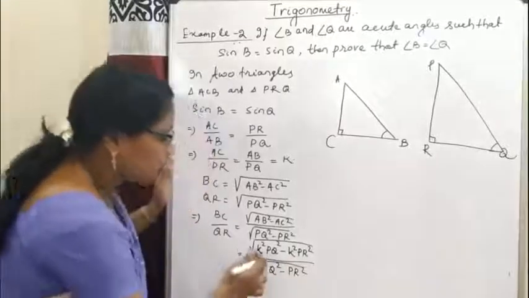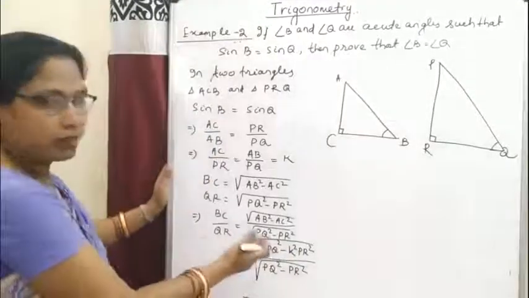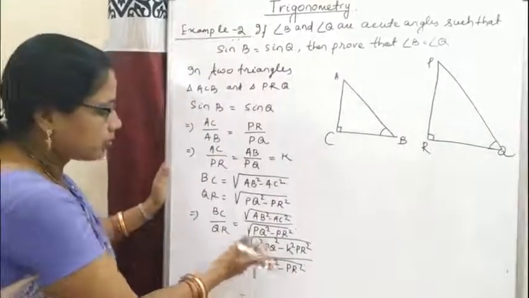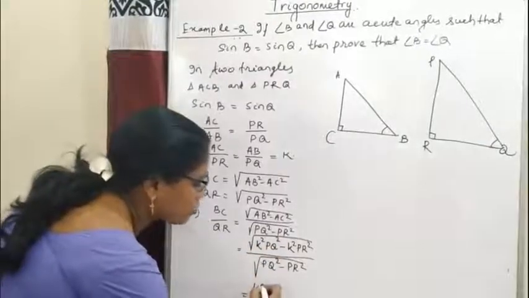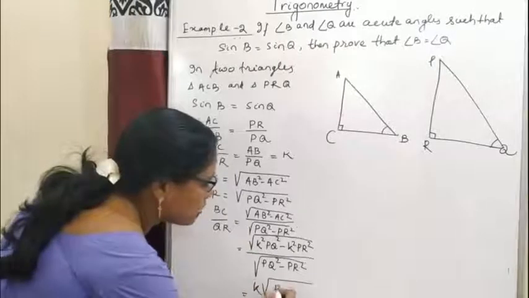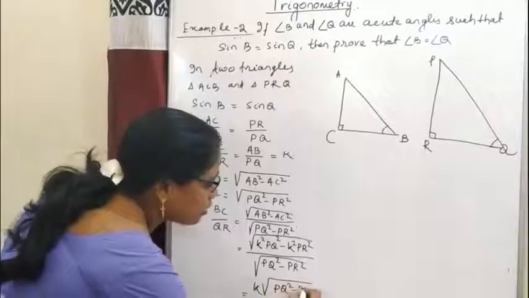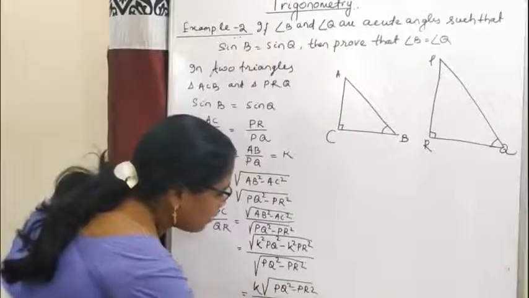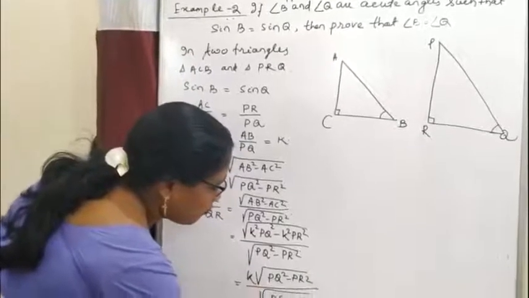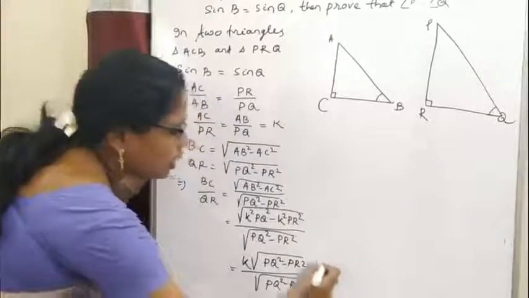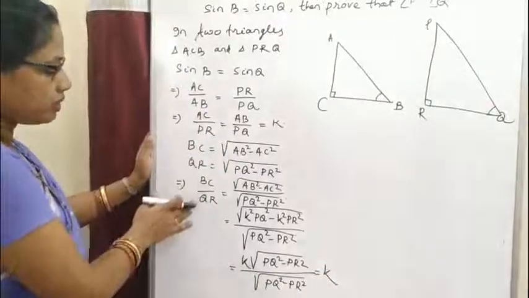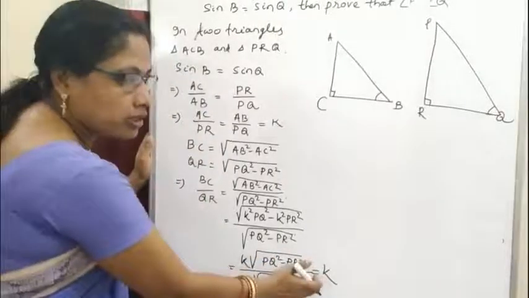So this is equal to K square can be common. We can take K square to outside. The square root of K square is K. So this is equal to K into square root of PQ square minus PR square divided by square root of PQ square minus PR square. So this is equal to K. So we have found BC by QR is also equal to K.